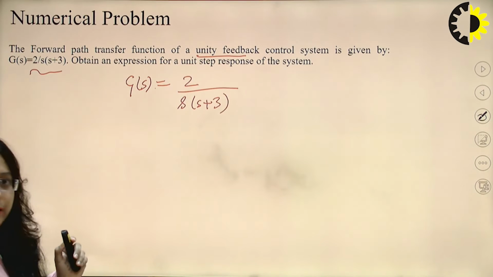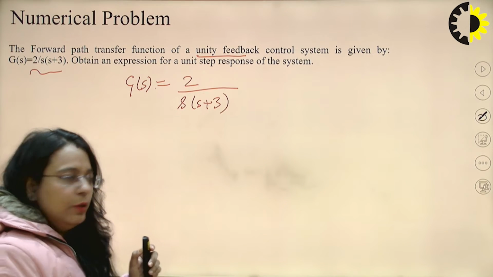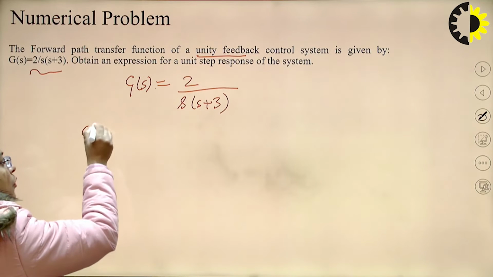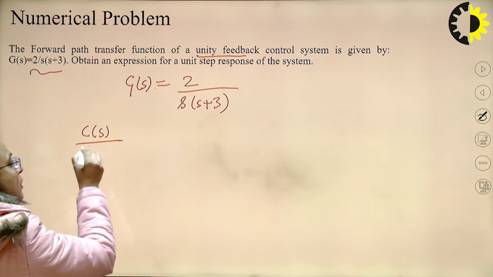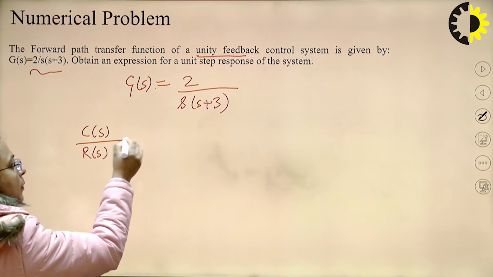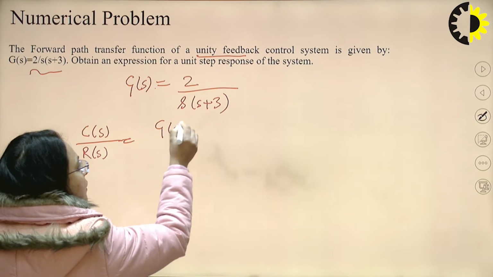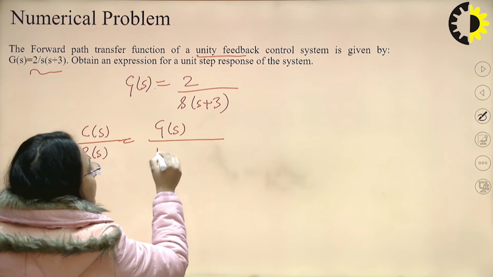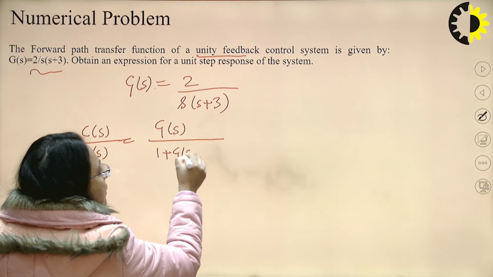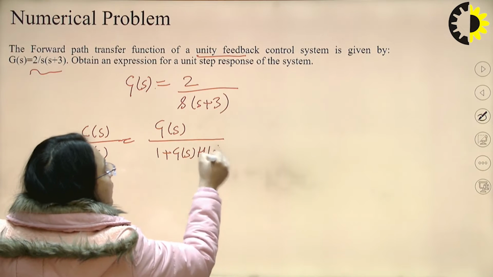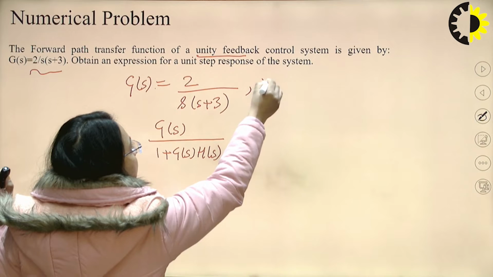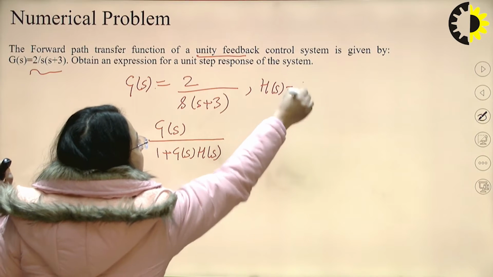unity feedback. As we know, the transfer function of a closed loop control system with unity feedback will be C(s) upon R(s) equals G(s) upon 1 plus G(s)H(s). So G(s) is given to us here, and H(s) will be 1 since it is a unity feedback system.